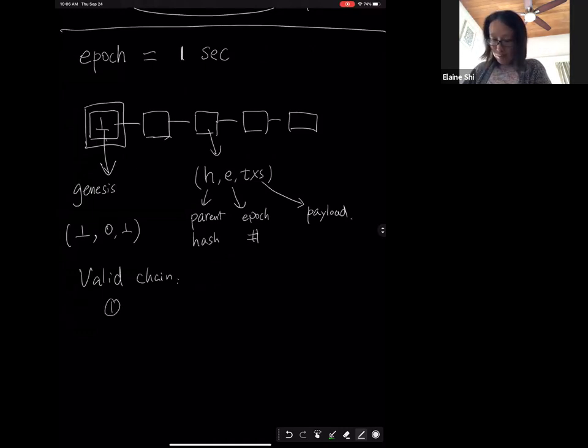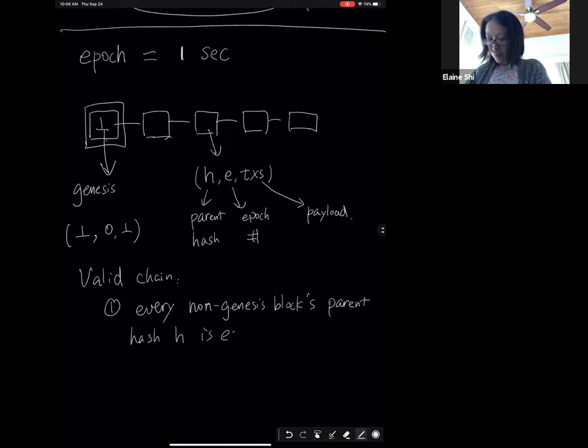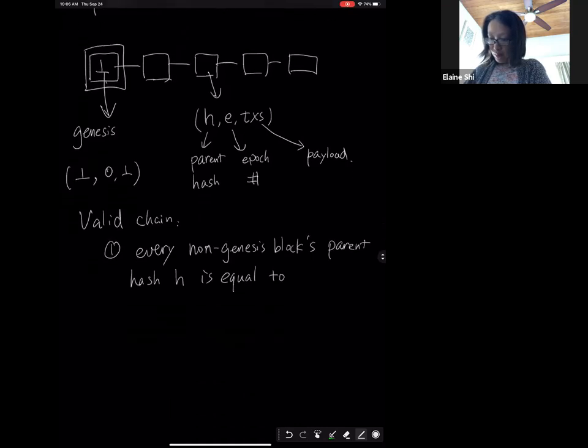First, every non-genesis block's hash is equal to the hash of the entire parent chain.